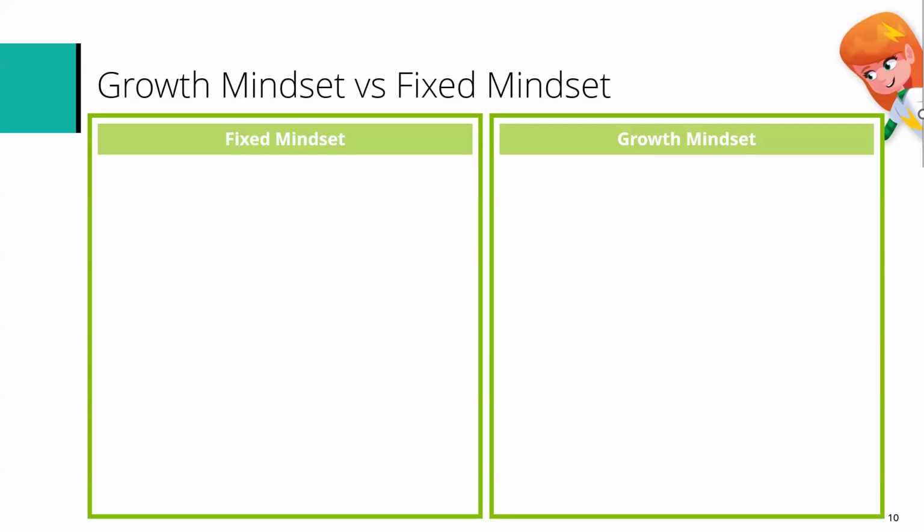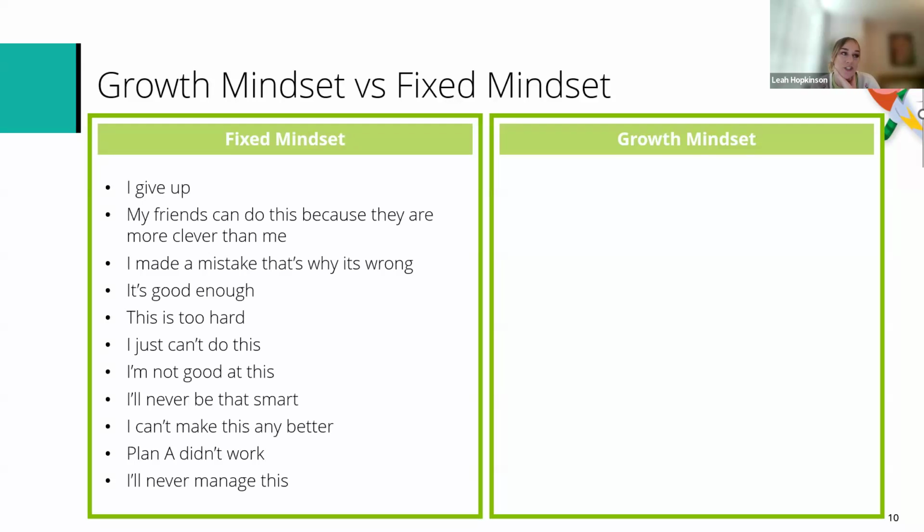Some answers coming through. It's impossible. It's too hard. I can't do this. Yeah, exactly. It's all those really negative thoughts which just aren't helpful in learning. They're just a barrier and an obstacle to learning.